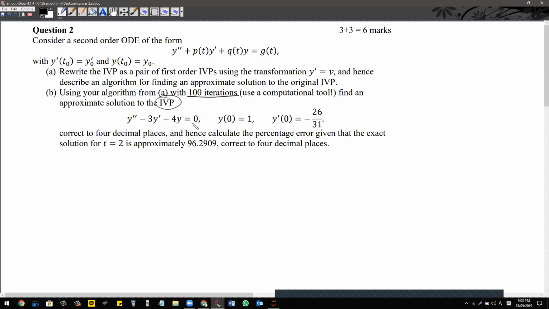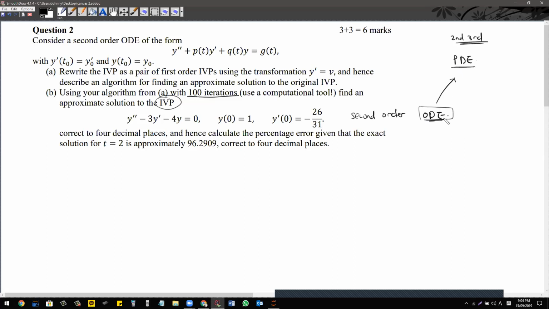So this one is a second order ordinary differential equation, a second order ODE. There's something called partial differential equation, and this is around second or third year university level, so you don't have to worry about that.